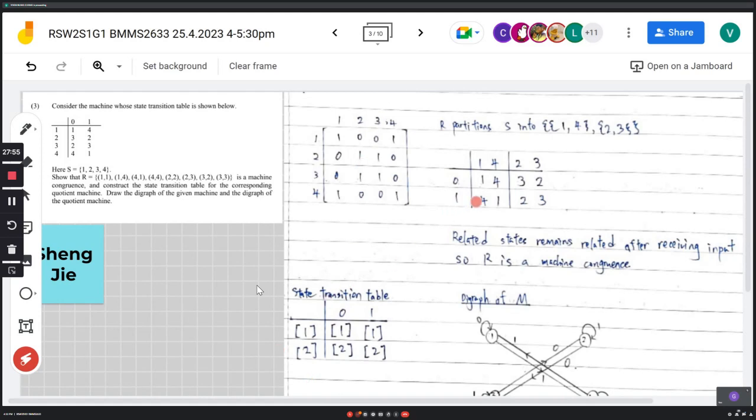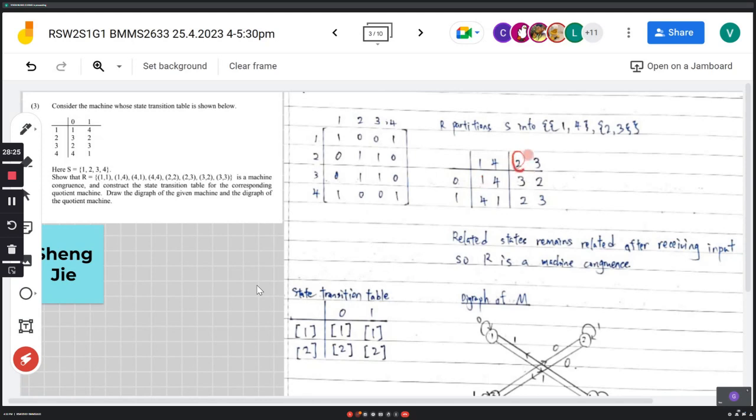So after you divide these two classes, you have input 0, you get 1, input 1, you get 4. But here we don't write it as 4 because the 4 now is in the same group as 1. So we already used 1 to represent this whole group. That means whenever you have 1 and 4 inside here, you will write it as class 1. We use the class to represent it. Same also for 2.